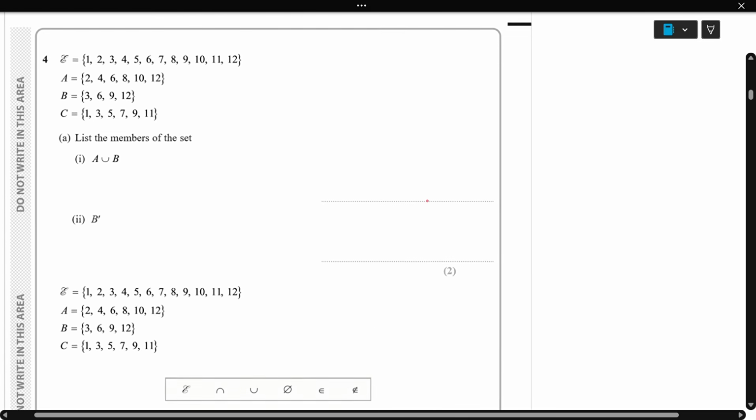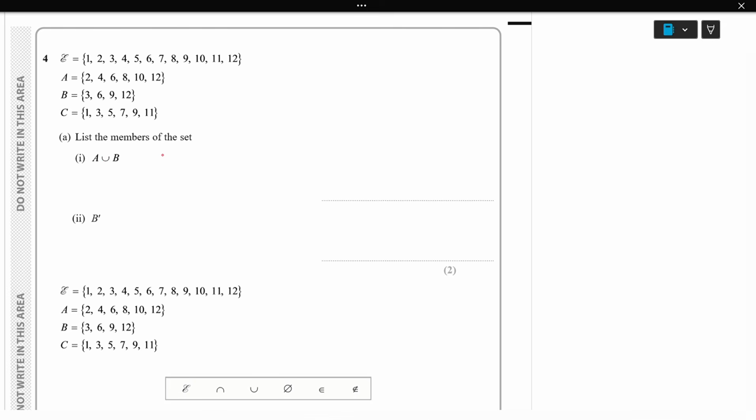Okay, question number 4 here. The universal set is given, and A, B, C are given. List the members of the set A union B. So A and B together, we need to merge all of A and B, and the elements cannot repeat. So 2, 3, 4, 6, 8, 9, 10 and 12.